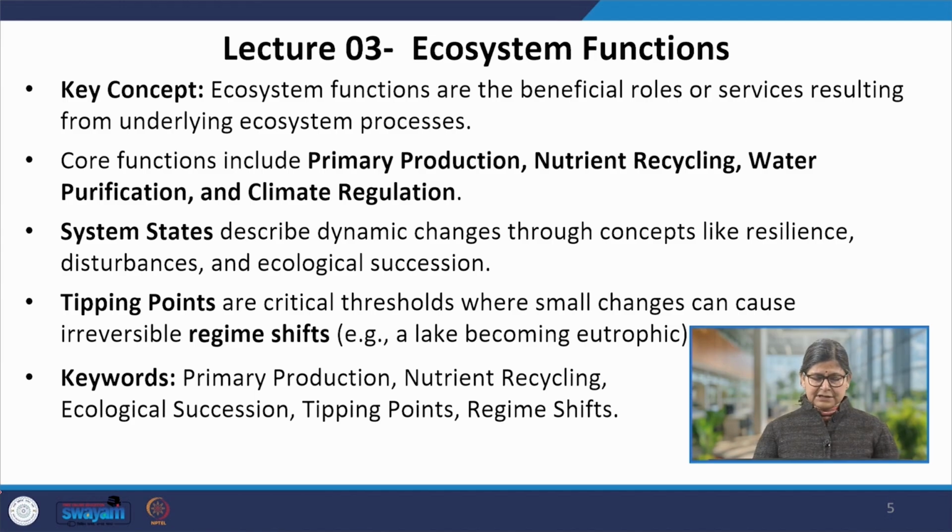System states describe dynamic changes through concepts like resilience, disturbances, and ecological succession. Tipping points are the critical thresholds where small changes can cause irreversible regime shifts, like a lake becoming eutrophic. Keywords for this lecture were primary production, nutrient recycling, ecological succession, tipping points, and regime shifts.